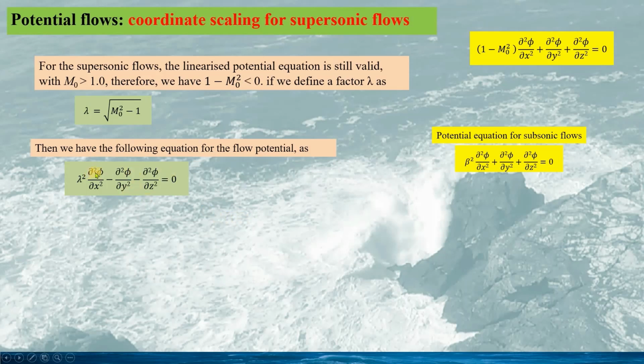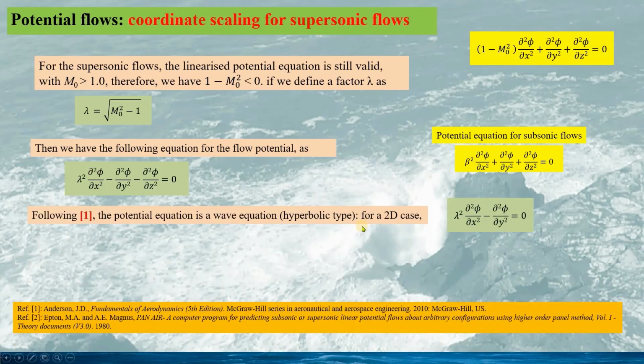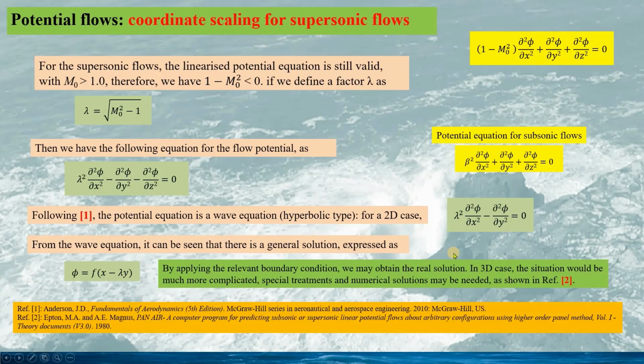If we look at the potential equation for the supersonic flow in the 2D case, it would be an equation as this. Obviously, this is a wave equation, and such a wave equation would have a general solution given by phi equaling a function of x minus lambda y.